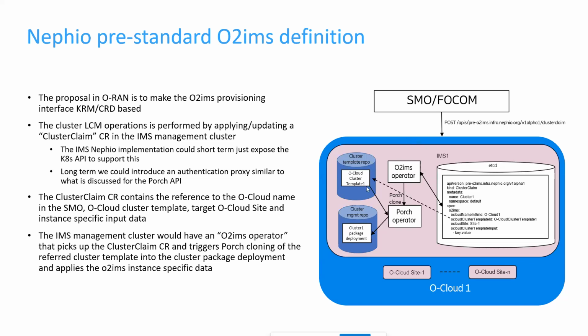But basically, you refer to this template with this ref name, and the target is the name here. I would say the cluster claim will have the same name as you want to have for your cluster package deployment. Yeah, so that is clear.